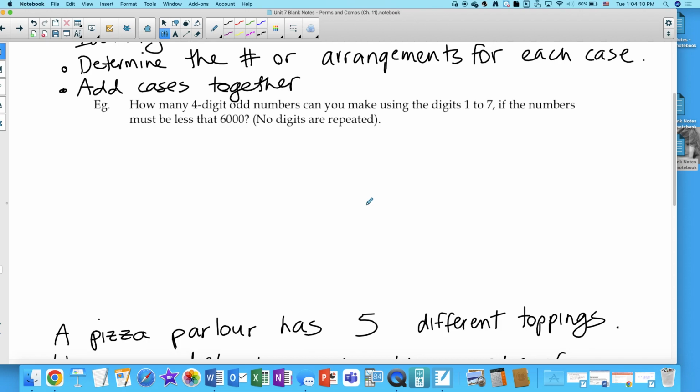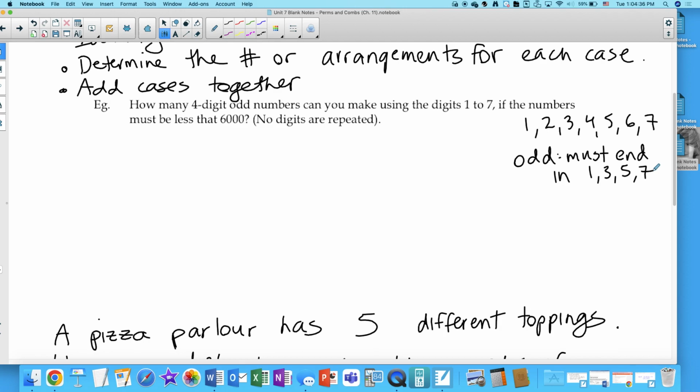So 1, 2, 3, 4, 5, 6, 7. There's actually more odd digits in our pool than non-odd digits, right? But if you have an odd digit, you know the number ends in an odd number. Okay, so because it's odd, it must end in 1, 3, 5, or 7. Okay? What's the other restriction that we have?